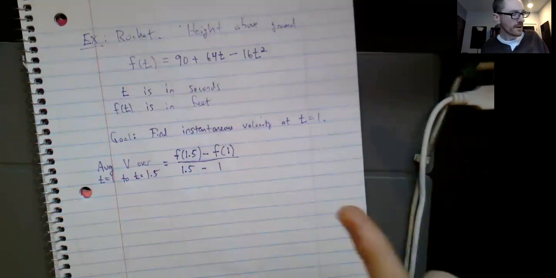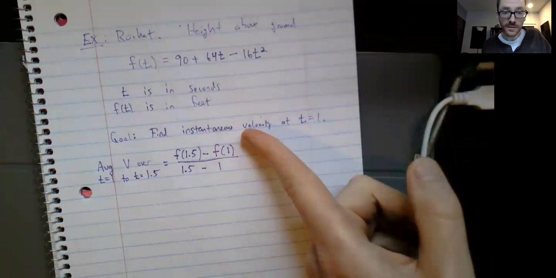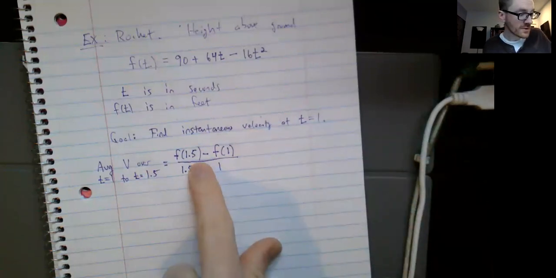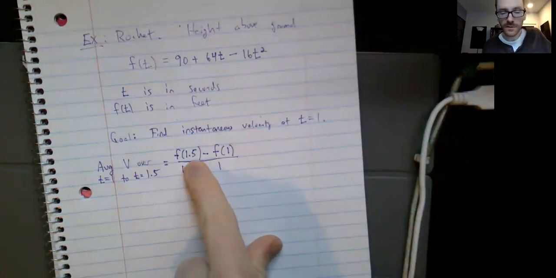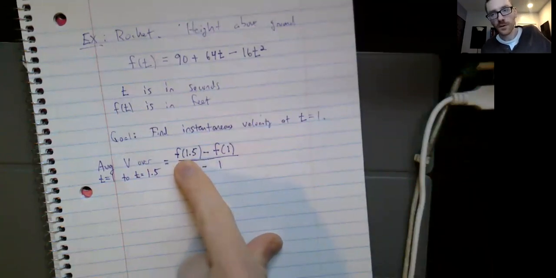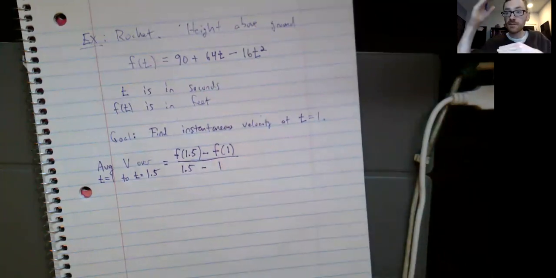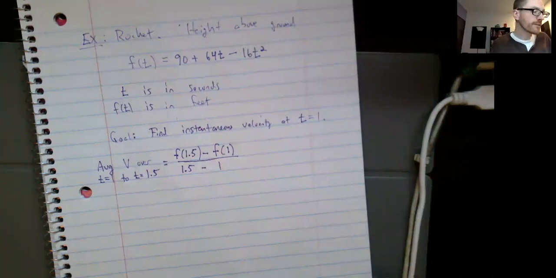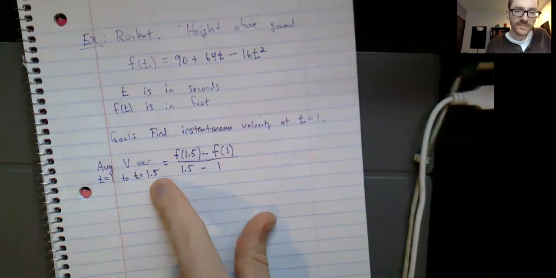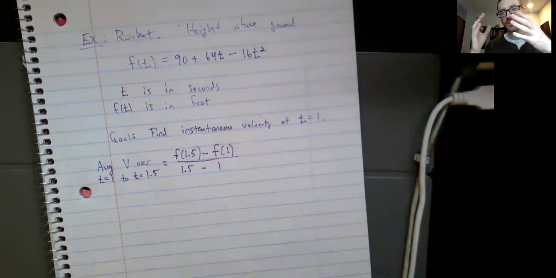Remember, this gives you the change in position. It's the height of the rocket 1.5 seconds in minus the height of the rocket 1 second in. That's going to be the change in height, how far it went during that time interval. So f evaluated at the end of the trip minus f evaluated at the beginning gives you the change in height.